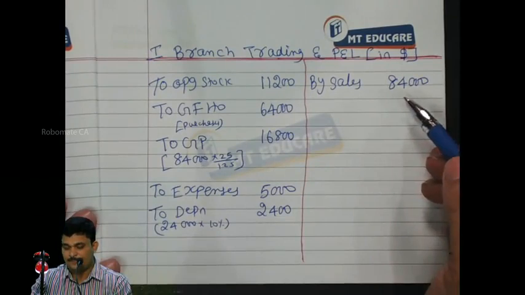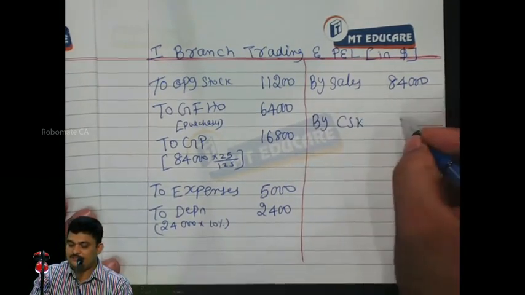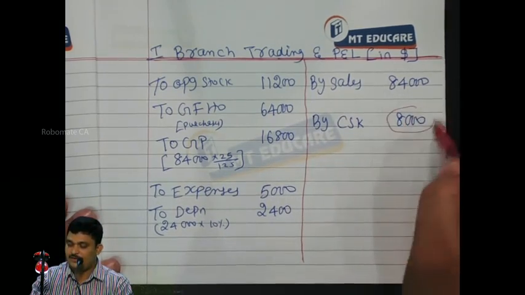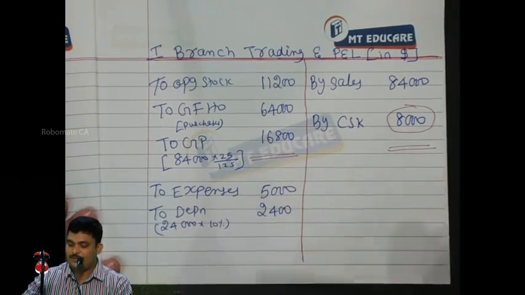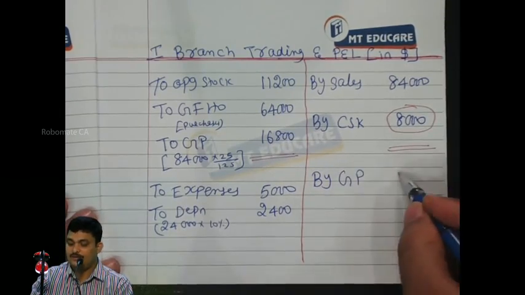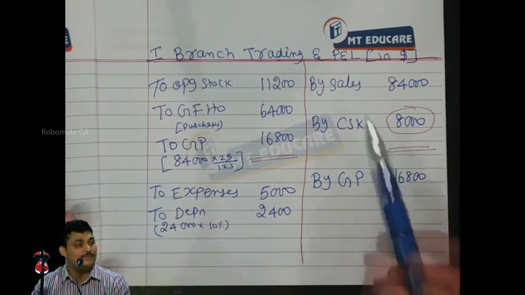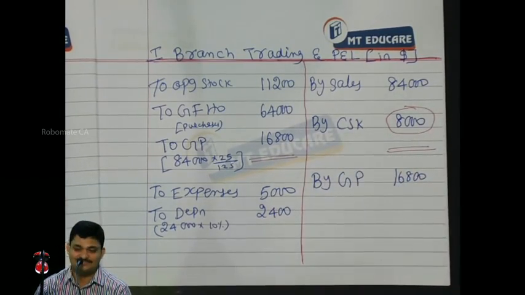We have closing stock, which is the balancing figure, 8,000. Closing stock is arrived at as a balancing figure. Now by gross profit 16,800. You should not write 8,000 there because whenever we put a circle now we may write that amount. So by gross profit 16,800.